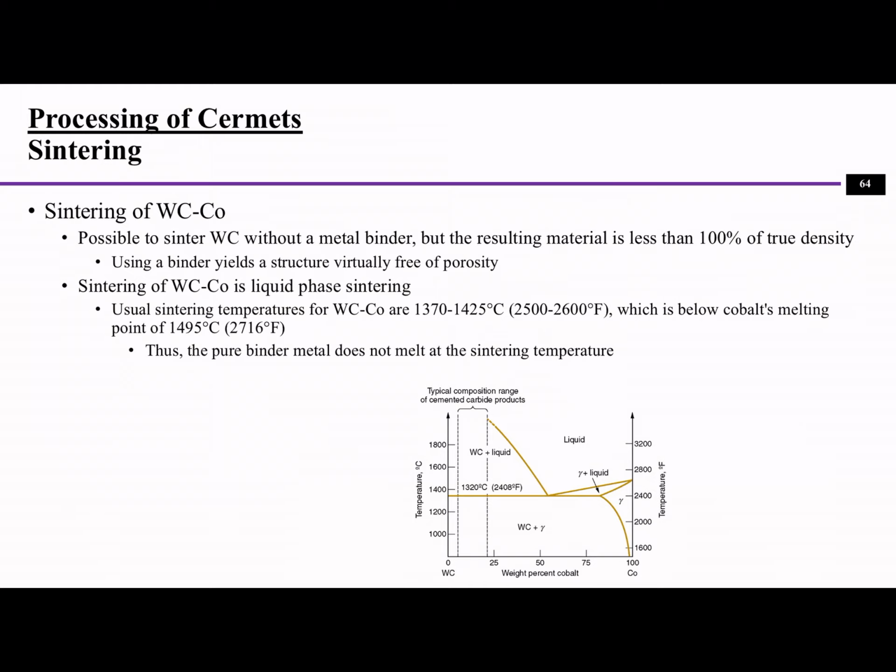If we sinter tungsten carbide without metallic powder, it will result in a material that is less than 100% of theoretical density, right? Well, if we use a binder, it can eliminate the porosity of the product. So that's why we are using a binder.